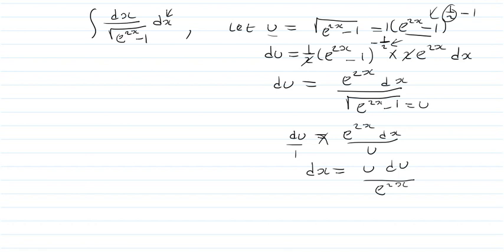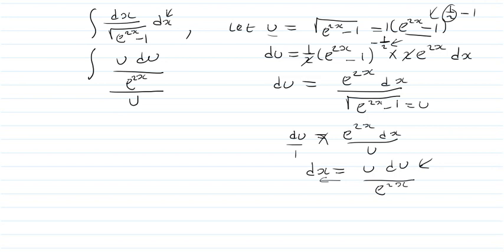Getting this function and putting it in the main integral, in place of dx we put u du over e^(2x), then everything over the square root of e^(2x) minus 1, which we can just replace with u itself.